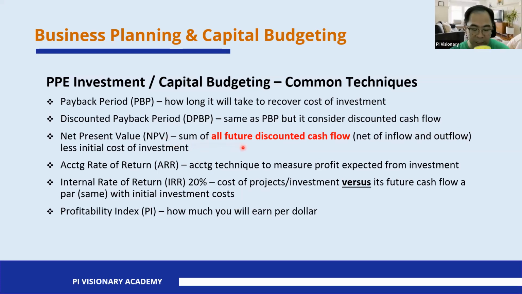So in summary, the future net cash flow is discounted to the present. So what you will have presently, after all the future cash inflow and cash outflow, cash in and cash out, are discounted.